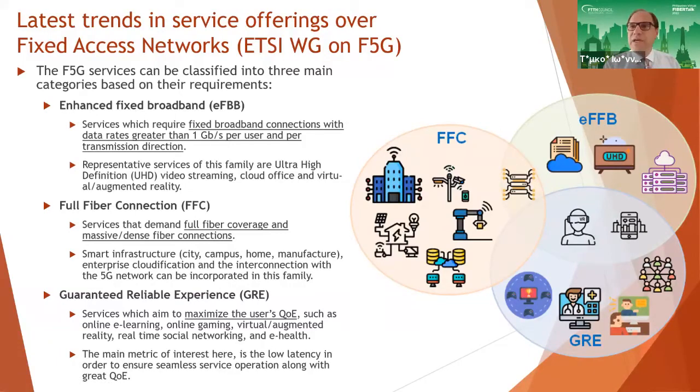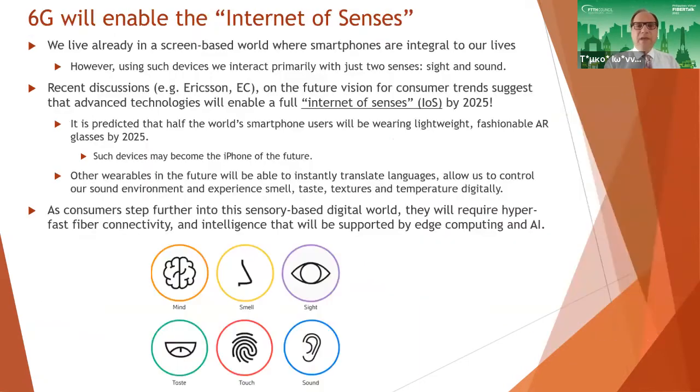We can even think of big industries using this connectivity for automating processes within the factories and so on and so forth. And of course, we all care about getting all this bandwidth with lower latencies, much faster, experiencing better quality of service and quality of experience.